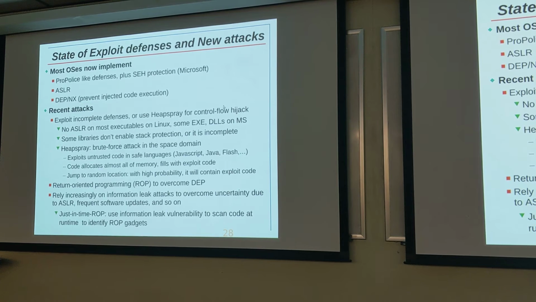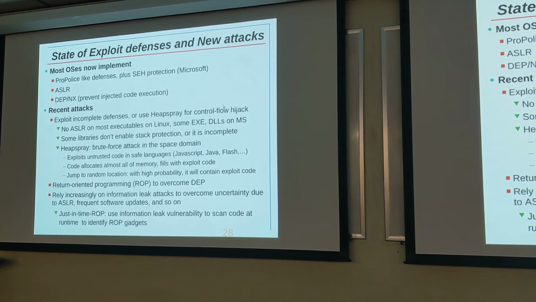So the idea is that I don't know where I'm going to write some data into this process memory. I'm going to inject some data into this process memory. I don't know where it is going to end up. So the way I'm going to overcome that is by injecting lots and lots of data into the process memory. So my attack code is everywhere in the process memory. Now, if I pick a random location to jump to, I'll still have my attack code, and therefore the attack will succeed. So this is the idea behind heap spray.